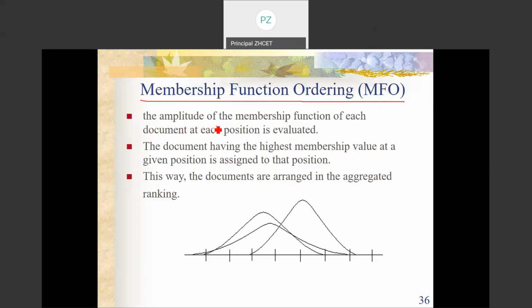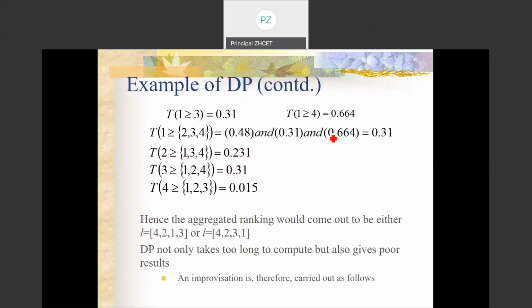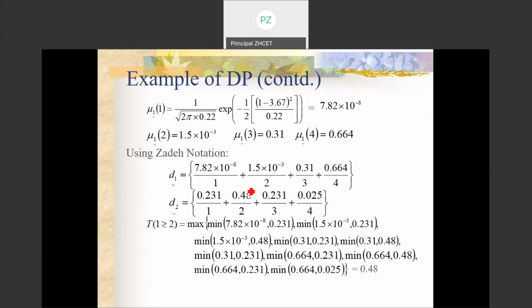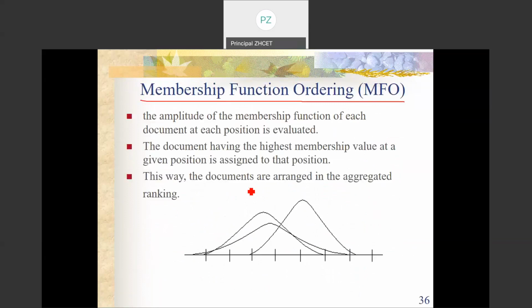The amplitude of the membership function of each document at each position is evaluated using the expression that we have seen, the Gaussian membership. So we are using this very membership, but beyond this point, we are not going to continue with the Dubois and Prade method. Rather, we will do something else.